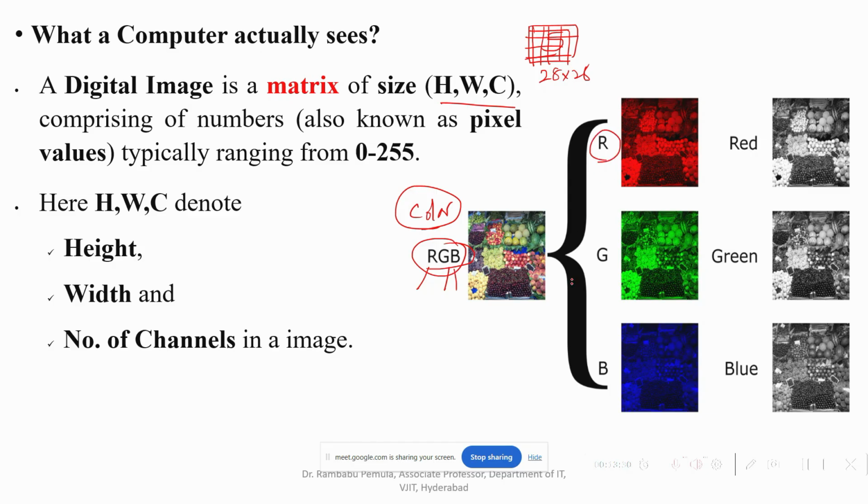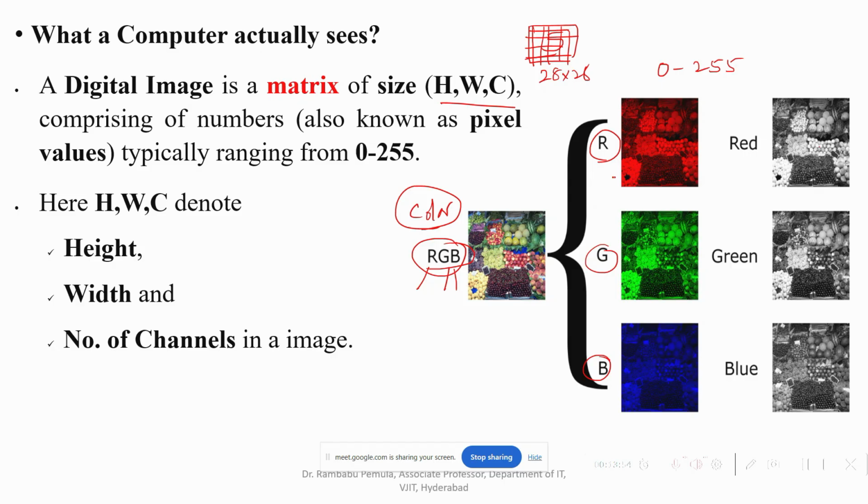This is the red channel, green channel, and blue channel. Each and every pixel is represented in the form of 0 to 255. Red contains 0 to 255 values, green also is represented in the form of 0 to 255, and blue also contains 0 to 255 values. So by combining all these three values, we are going to get the output as a color image.